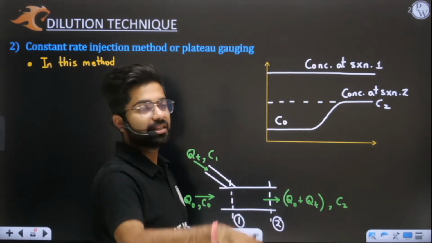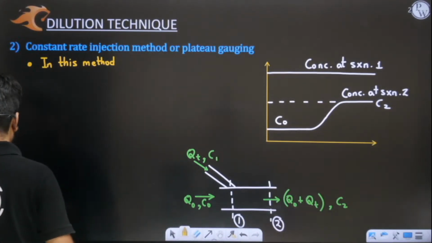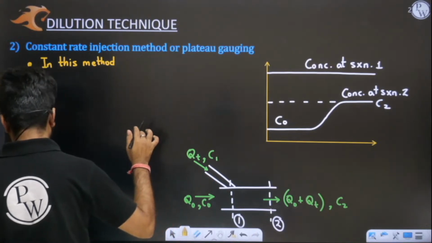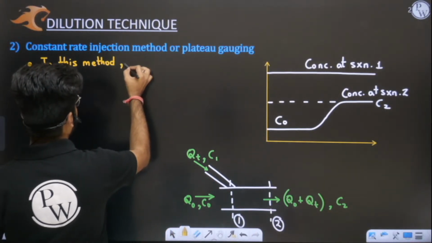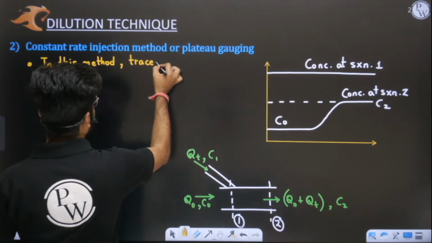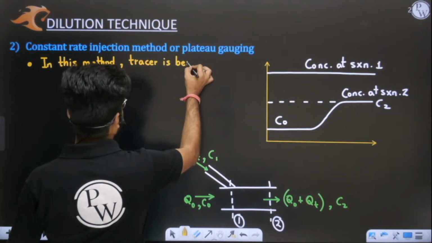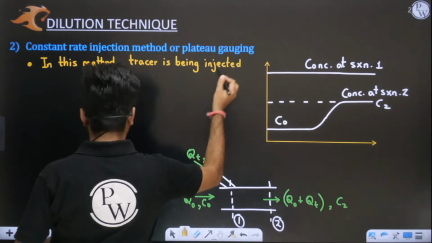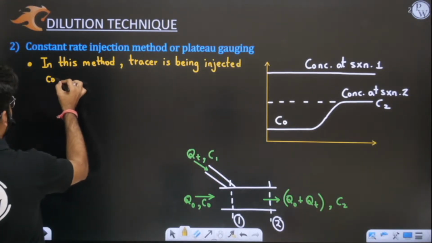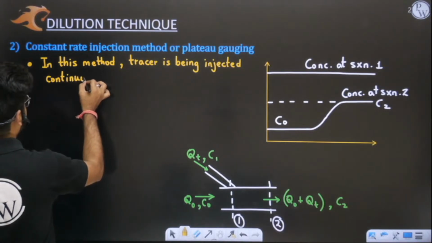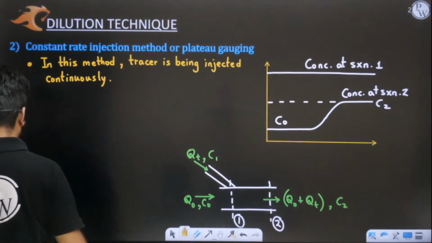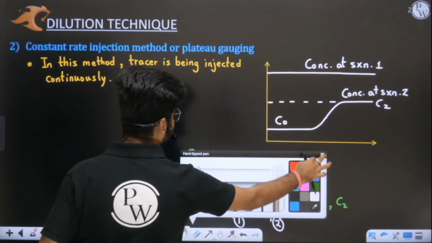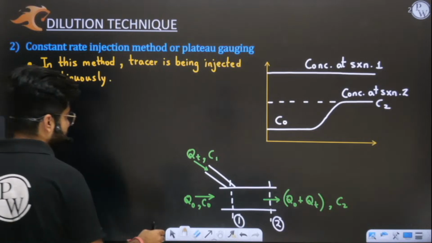But here the tracer is being injected constantly, continuously. This is the difference.